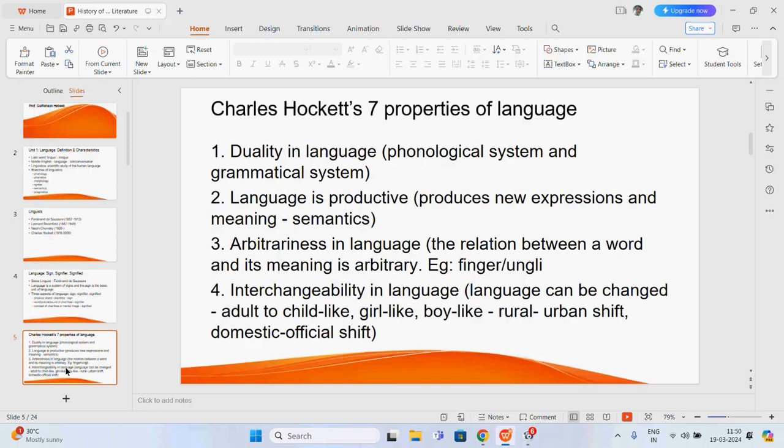Don't we say to small children, don't talk like a girl, don't talk like a boy? Actually, there is no such rule that girls talk like this, boys talk like that. It is more of a social construct. It is more arbitrary. In some languages, for example, aya, we use that for the masculine gender.